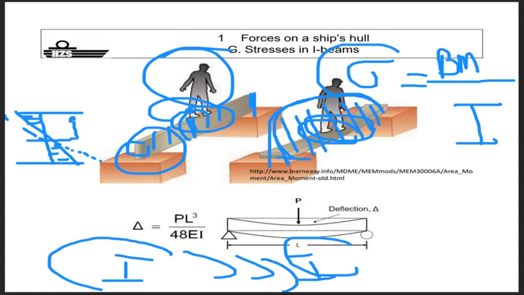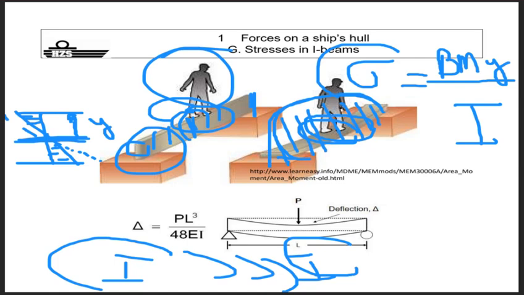If you are close or on the neutral axis, your stress level is 0. But if you go further away from the neutral axis, you heighten your stress level. So this distance from the neutral axis, which we call y, is also a factor determining your stress level.